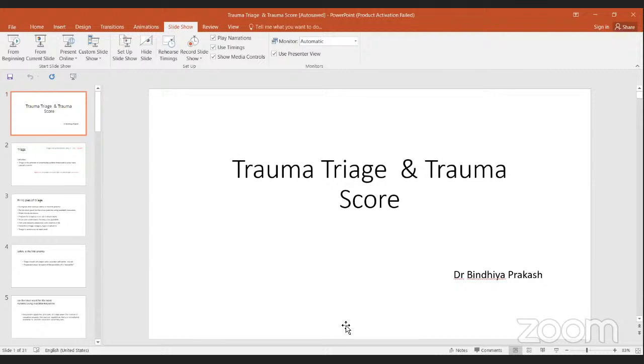Yeah, this is the short picture of what Verna has given. Suppose this patient is having only face laceration. Will you call a trauma code?